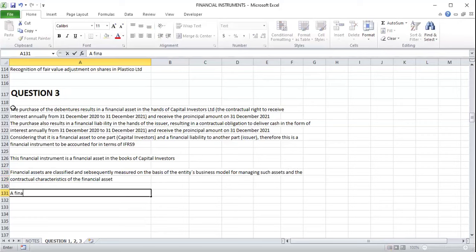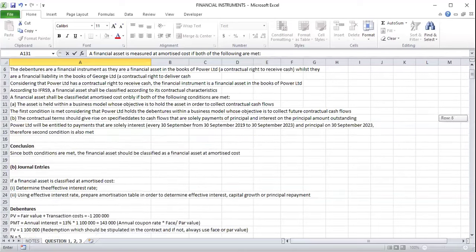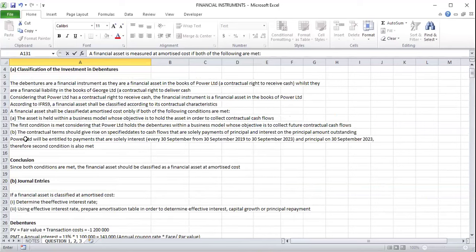Remember what I said in the previous class. First of all, we have to test if it can be classified at amortized cost. A financial asset is measured at amortized cost if both of the following conditions are met. Let me just take from above so that I don't waste time. I think we did something like this. These conditions are there.